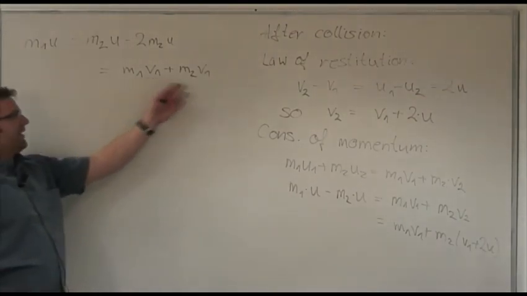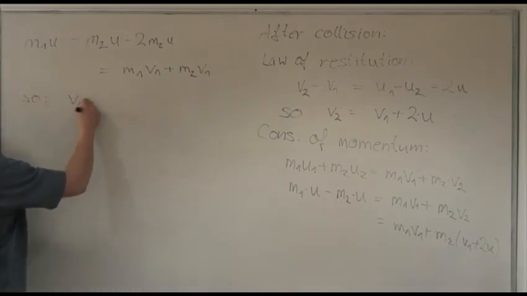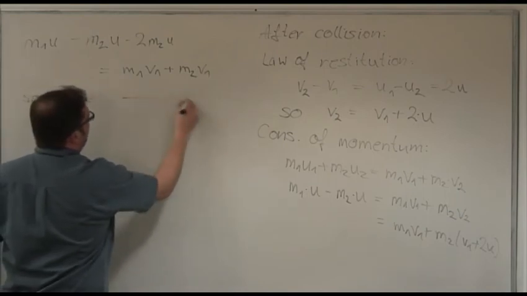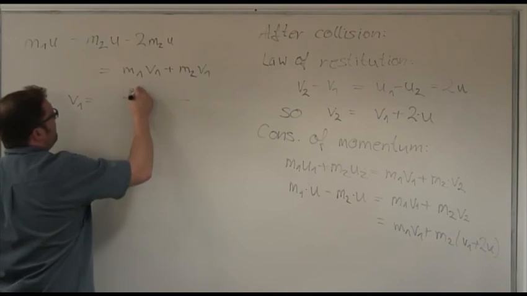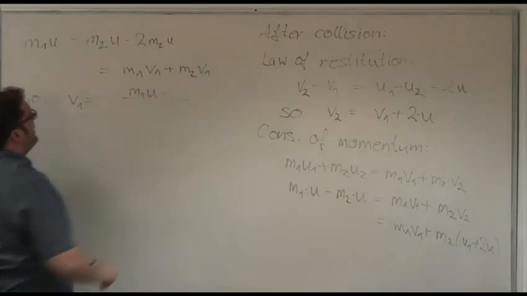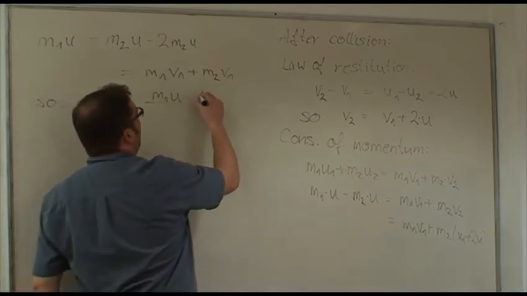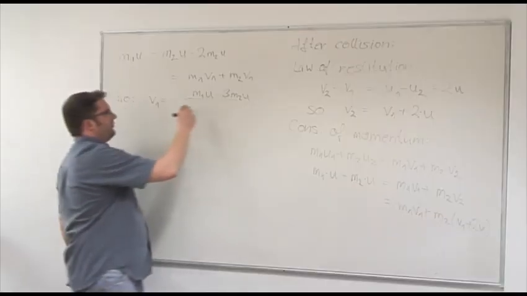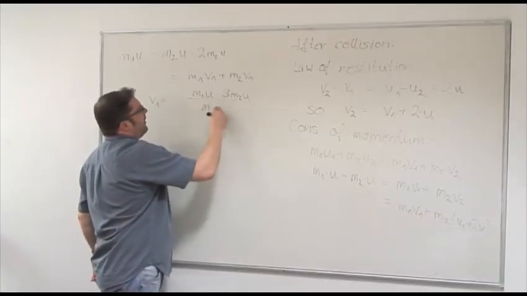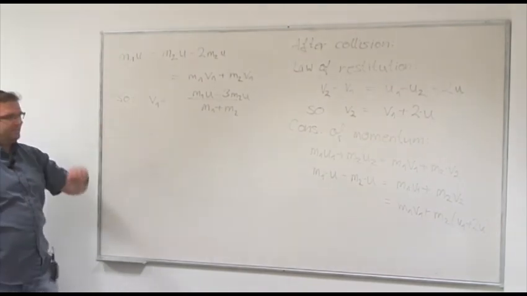And now I can simply take out v1 here and divide through by m1 plus m2. So I find that v1 is the following. It's m1 times u minus m2 times u minus 2m2 times u are 3 m2 times u, and then I divide through by m1 plus m2.